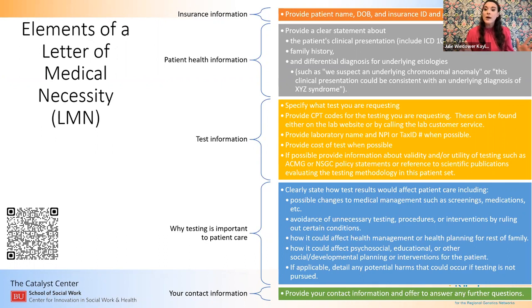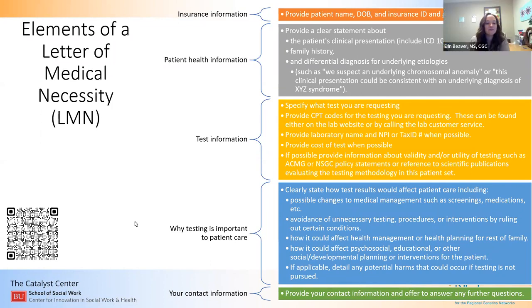And then let's avoid phrases like this will change medical management. Instead, as Erin so aptly put, describe how you might anticipate that. Or parental anxiety. That's not necessarily something that's going to let us approve a test, but if you can point to any changes that the family may pursue, then that can be a really helpful factor in our decision. Thanks, Erin, for letting me jump in there.